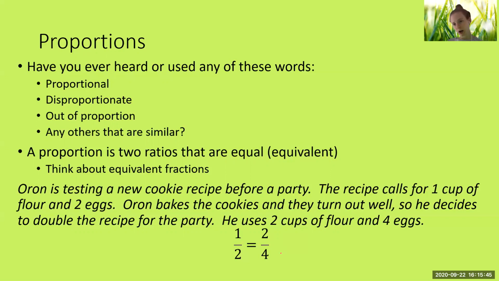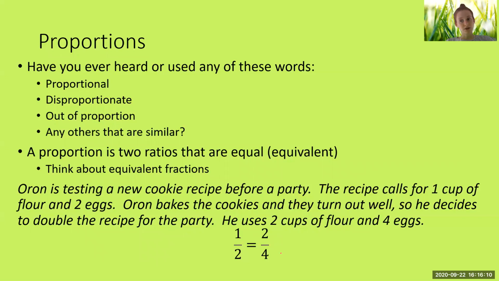So all of those words, or even portion, if you're thinking of a portion is talking about a part of a whole, all of those words are talking about the relationships between things, relationships between sizes of things, relationships between how things look. And that's what proportions are all about. Proportions are all about relationships between numbers.